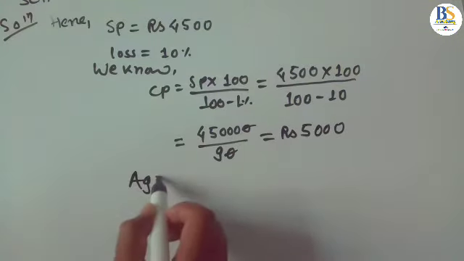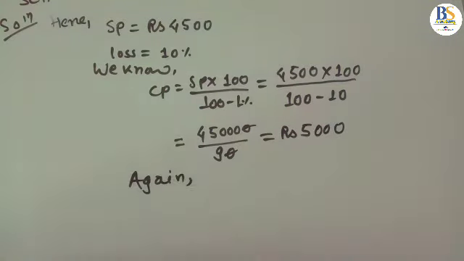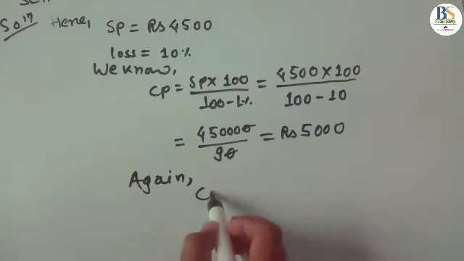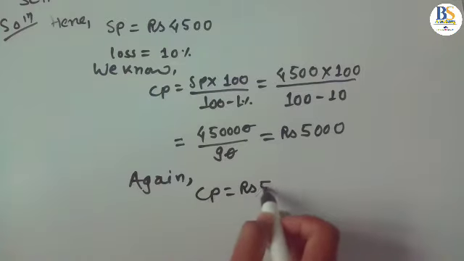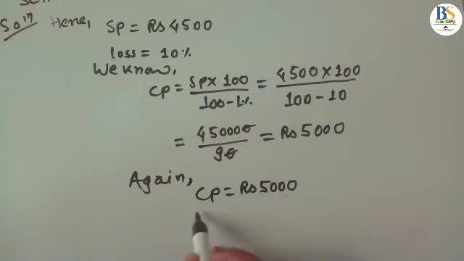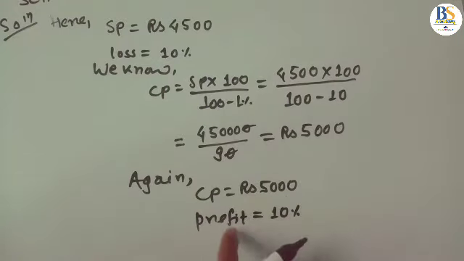Again, at what price should he sell it so as to gain 10%? Means CP is 5000, profit is 10%. CP and profit percent is given. That means we can find SP.